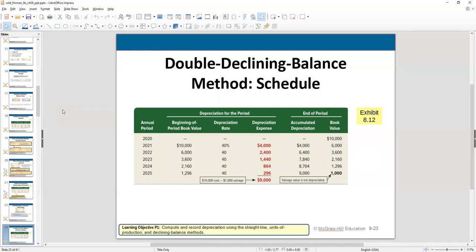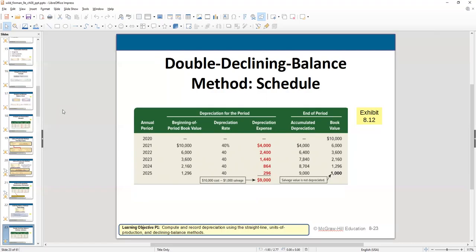In year 2, we're going to take the book value at the end of year 1. As you can see, it's $6,000. So we carry it over to column 1, multiply it times 40%. That gives us a depreciation expense of $2,400. We're going to add that to year 1 accumulated depreciation.